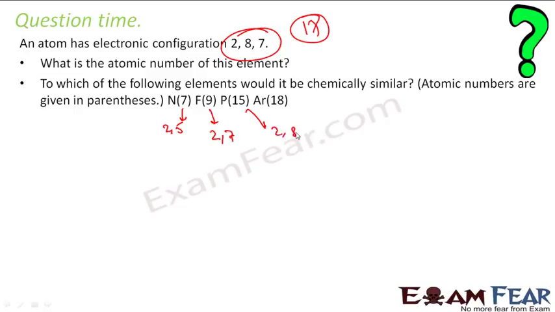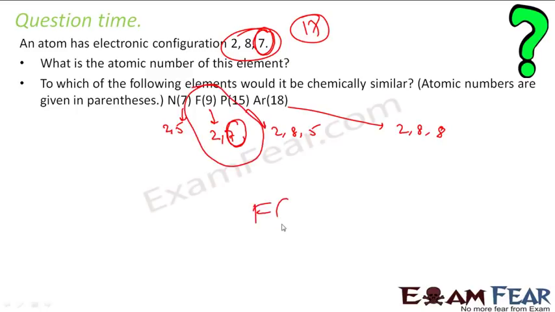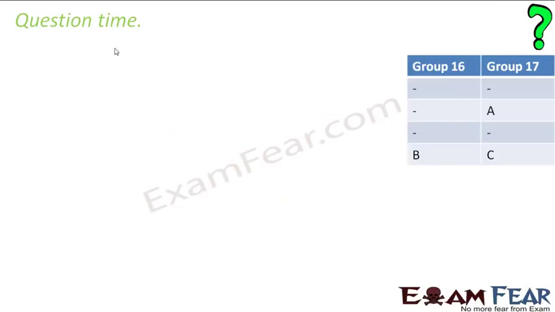This is 15, so this becomes 2, 8, 5. This will become 2, 8, 8. Now I am looking for 7 in the valence shell. That is, I am looking for F. So F 9 is the answer. F 9 will be chemically similar to this atom because both have a similar number of electrons in the valence shell.